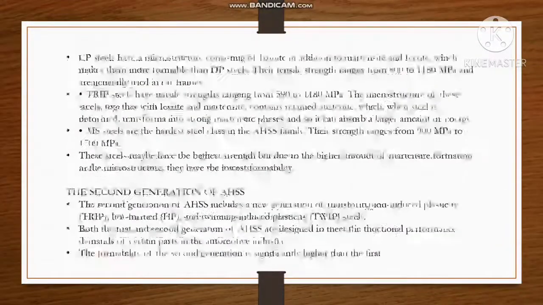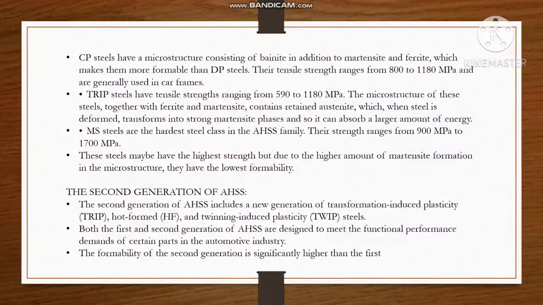CP steels also have a microstructure consisting of bainite in addition to martensite and ferrite, which makes them more formable than DP steels.